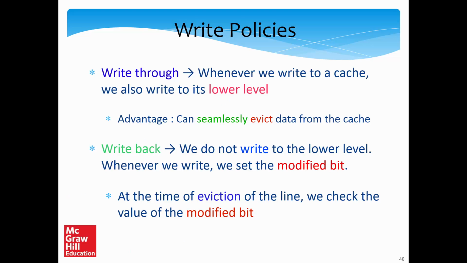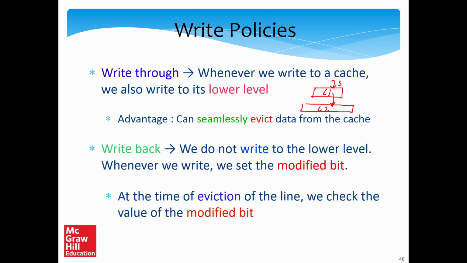Write through says that whenever we write to a cache, we also write to its lower level. And in the lower level, you'll have the block, guaranteed by the property of inclusion. So if I have a system with an L1 and an L2, and I do a store to any block in L1, it gets propagated to the copy of the block in L2. So this has some advantages.